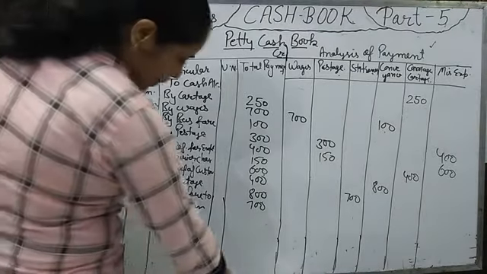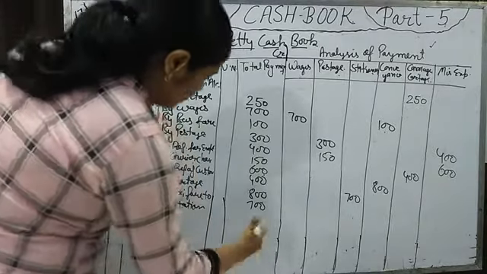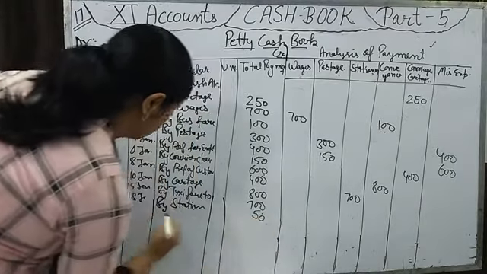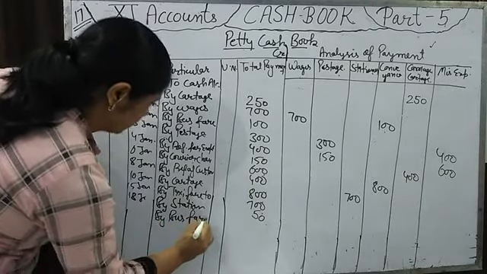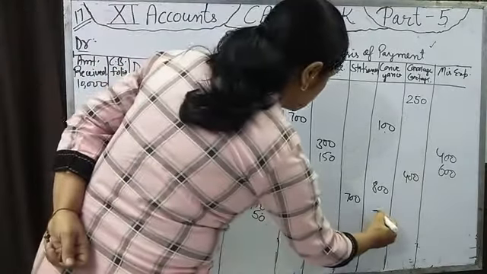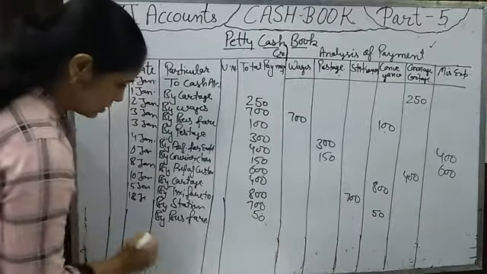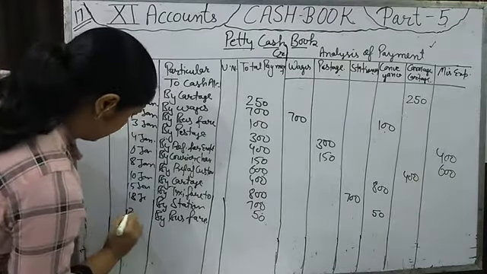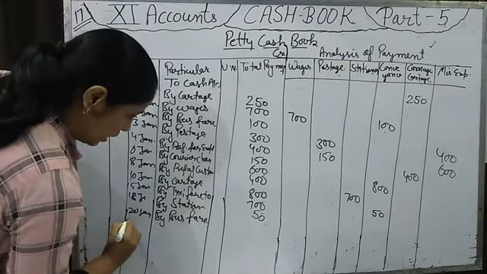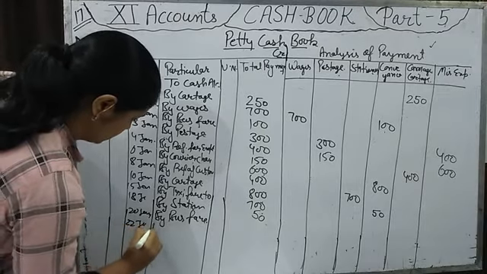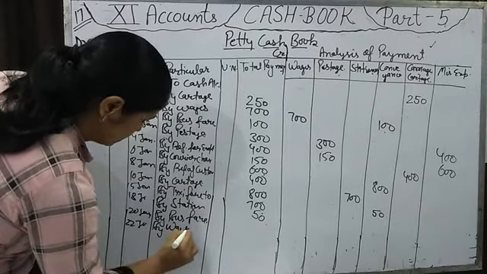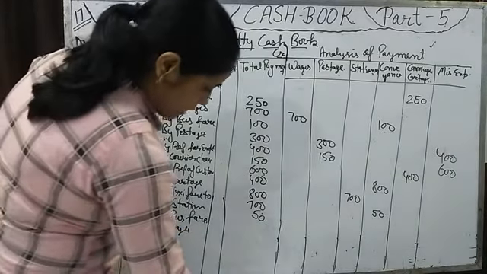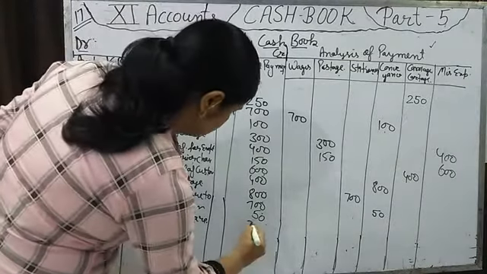Okay. After stationery, bus fare 50 rupees. Buy bus fare. In the conveyance column, 50 rupees. It's on 20th Jan. Now on 22 Jan, buy wages, amount is 300.